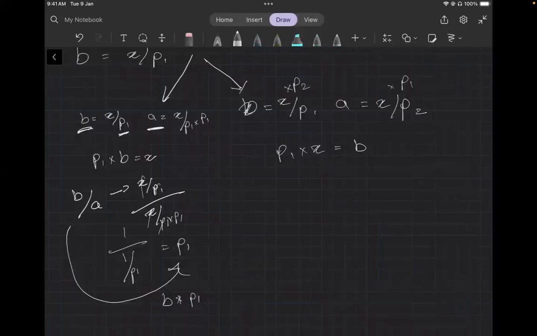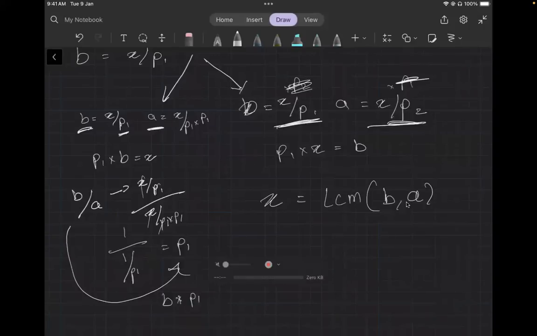So if x divided by P2 is A and x divided by P1 is B, we need to find x, right? As someone correctly mentioned in the chat, what is x? Isn't x nothing but the LCM of B comma A? Isn't this true?